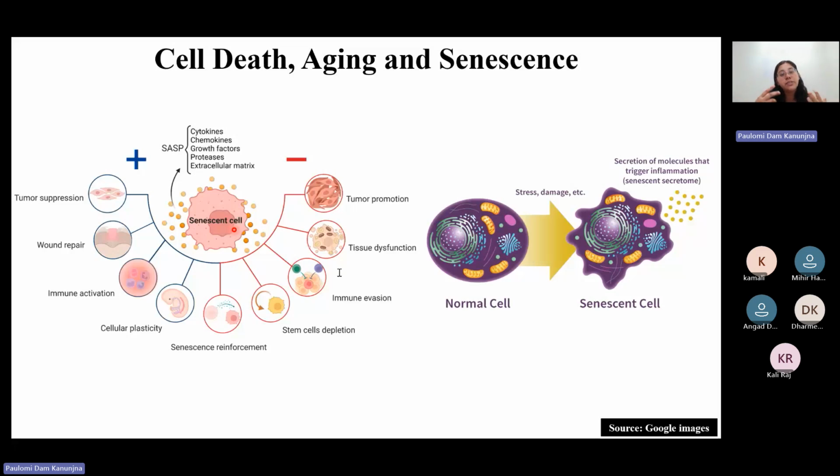What are CDKs? They're important for cell cycle progression. So when you see DNA damage and P21 inhibits CDK, your cell cycle arrests in the G1 stage, right? And then you have the DNA repair mechanism into play.